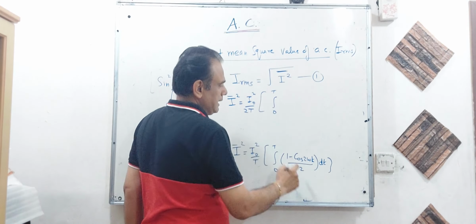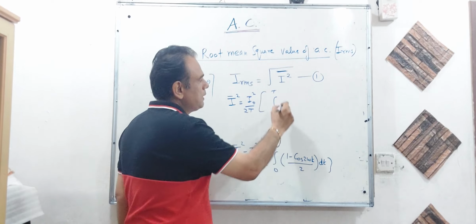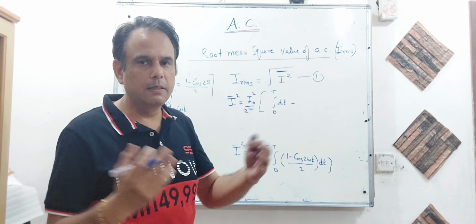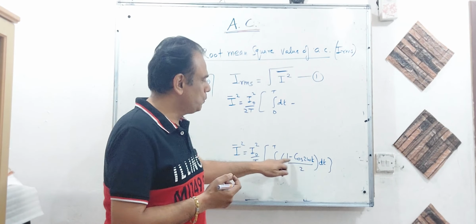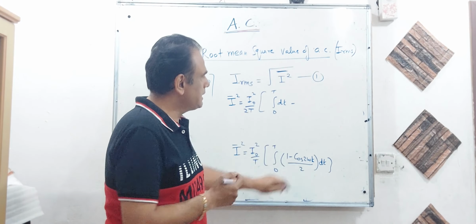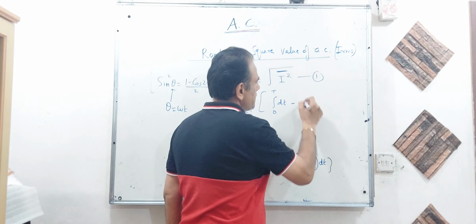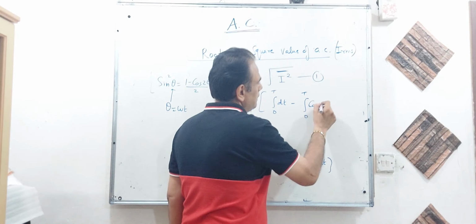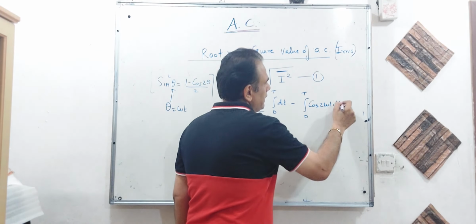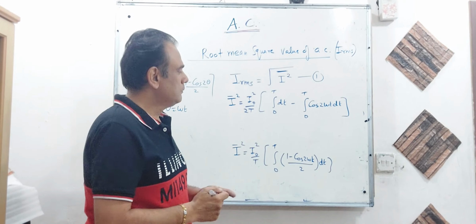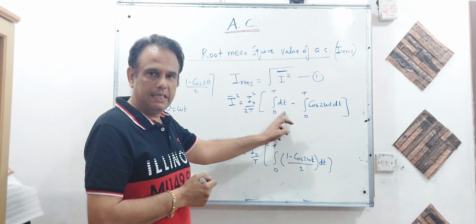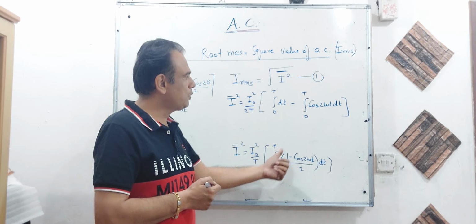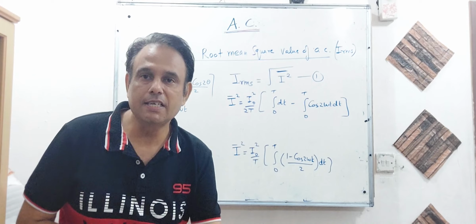Integration 0 to t dt into 1. dt into 1 is dt. How we multiply outside terms in the bracket? Simplification. So dt into 1 is dt minus again integration 0 to t cos 2 omega t dt. dt into 1 is dt, then dt multiplied by cos 2 omega t is cos 2 omega t dt, and integration 0 to t on both the terms. Simplification, nothing else.